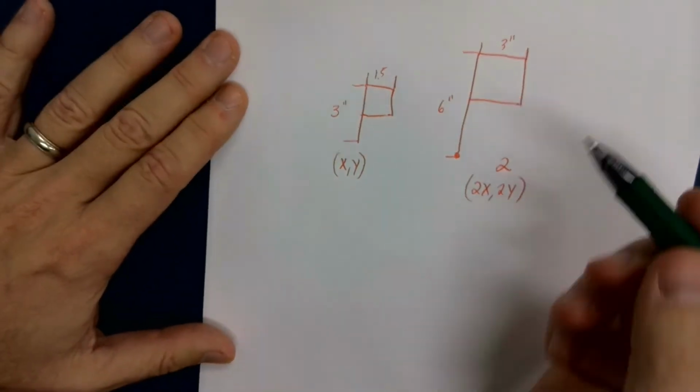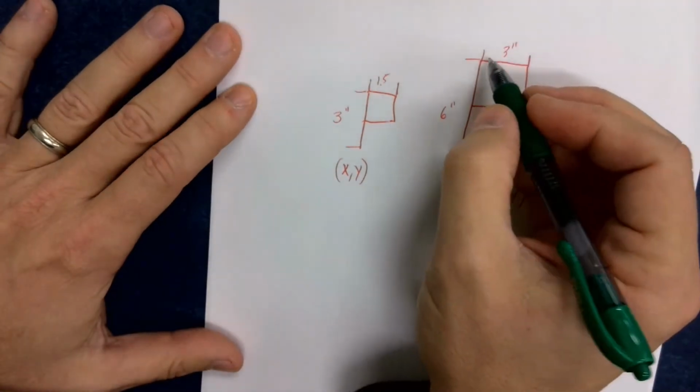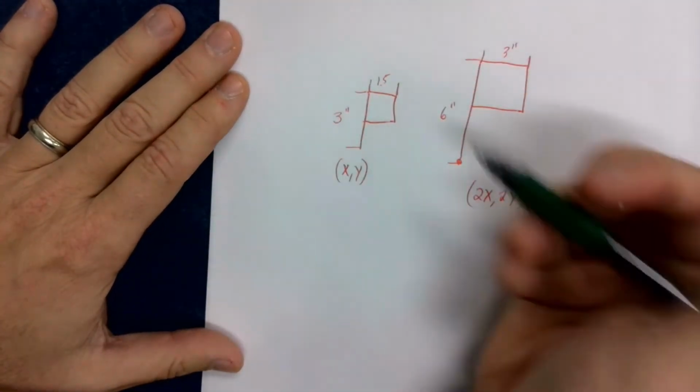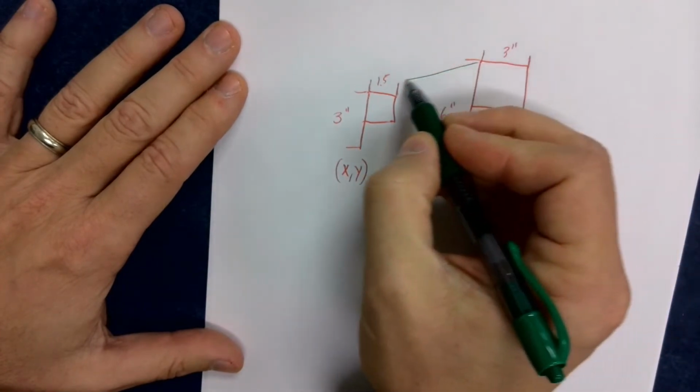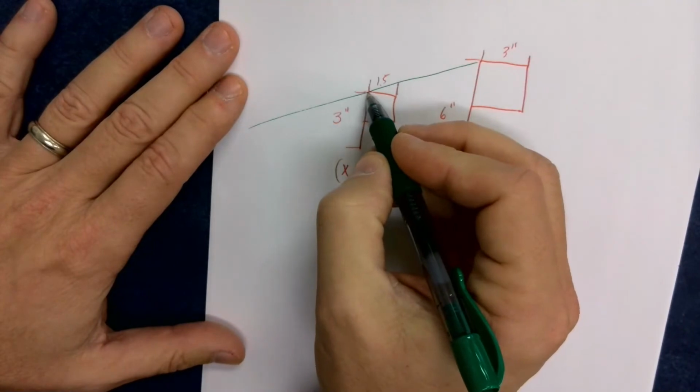Now, typically, what they'll have is a center for that dilation, and if this was perfect, and again, I just sketched this off, I would be able to connect from one point through its corresponding point.